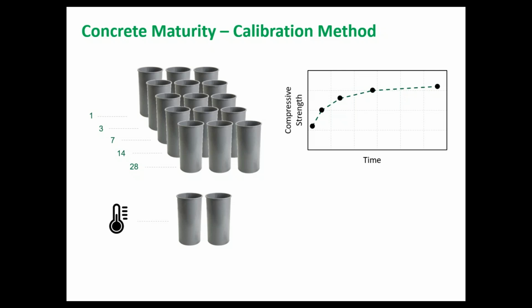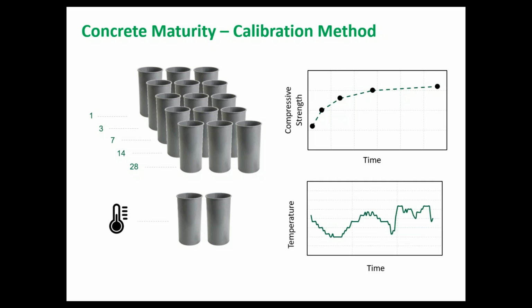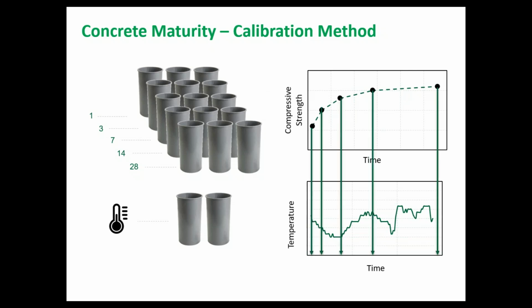So they'll be sitting in the lab conditions and the standard cured conditions, and the temperature sensor will pick up the concrete temperature evolution over time in that condition. So that will give you the temperature graph of concrete over time in lab conditions. And now what you would do is that at those 5 different times that you broke cylinders, at exact corresponding times, you can calculate the maturity index.